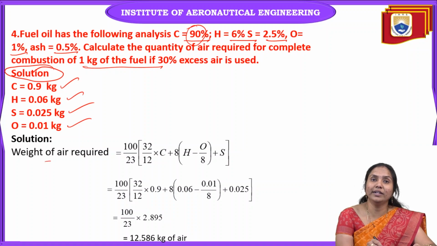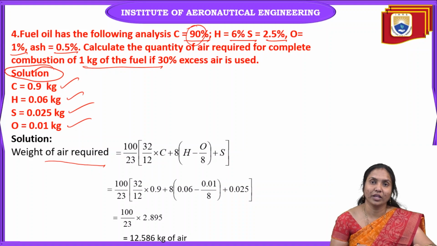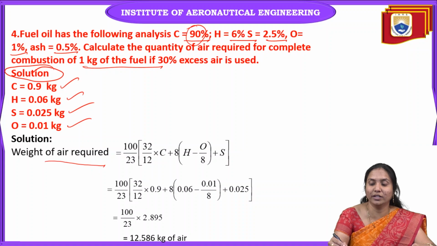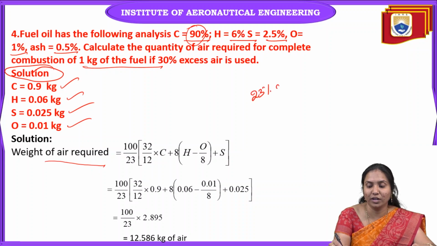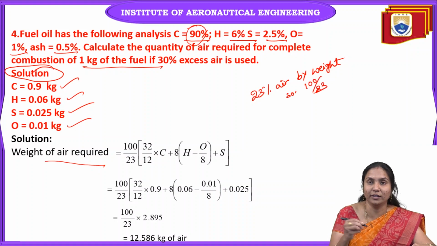So weight of air required. So weight of air required means what is the formula we are using here? So weight, that means air containing 23% of oxygen by weight. So we can write 100 by 23.